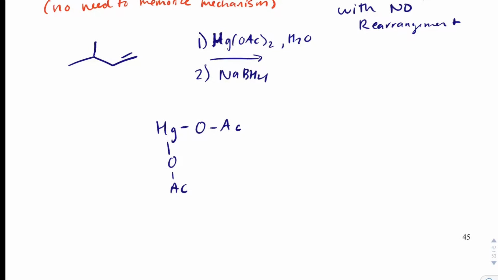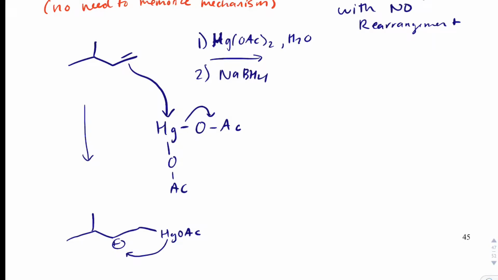And what actually happens is this nucleophile attacks the mercury, because remember, mercury as a transition metal, if it has two acetates here, it's going to be positively charged. And so what we get is this, and one of the acetates leaves. And this mercury attacks that positive charge.